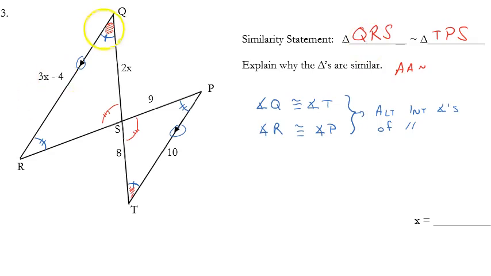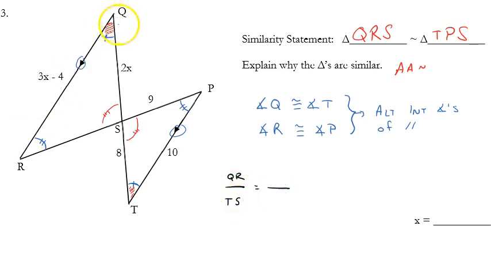I know my x's are at segment QR and segment QS. I have to use those to solve for x. Well, segment QR corresponds in the other triangle to segment TP. Look at your congruent statement or your similarity statement. That's going to help you set this proportion up.